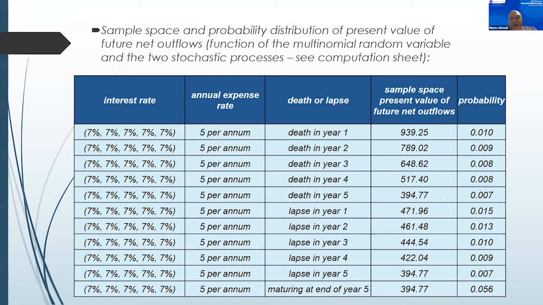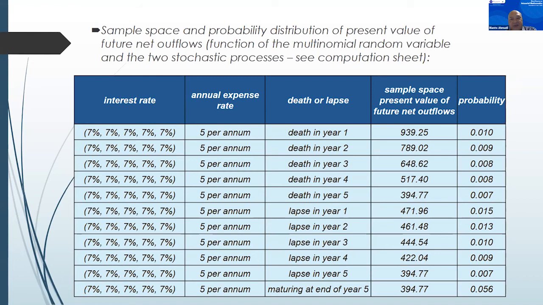For each one of those possible outcomes previously, you can calculate the present value. Why? Because you have the interest rate for each one of those cells. You also have the expense per year, and you also have the lapse benefits or the death benefits or the maturity benefits, depending on which cell you're dealing with.